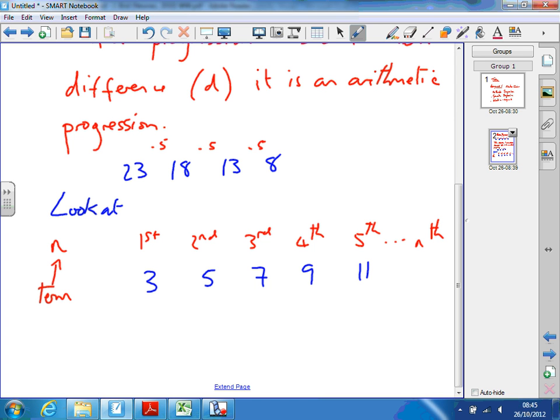So the general name for any term in an arithmetic progression is called the nth term. In this one, n equals 1, n equals 2, n equals 3, n equals 4, n equals 5, and then n for the general one.